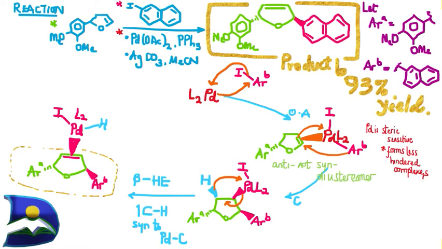This is the key and really important part in this particular reaction step that leads us to the product being favorable at 93% in terms of the yield, which is magnificent right here.